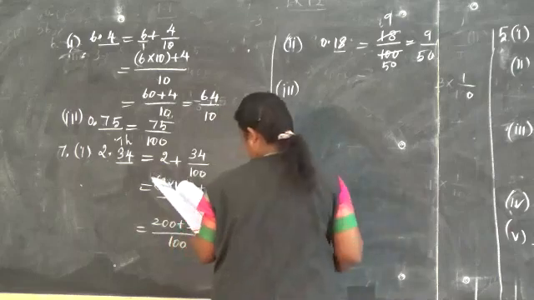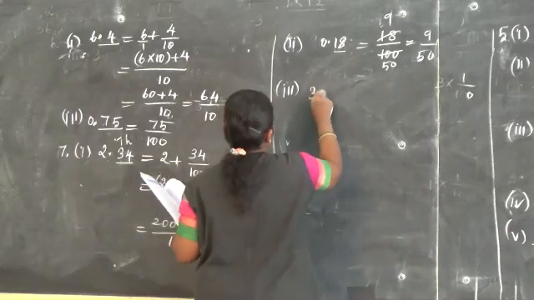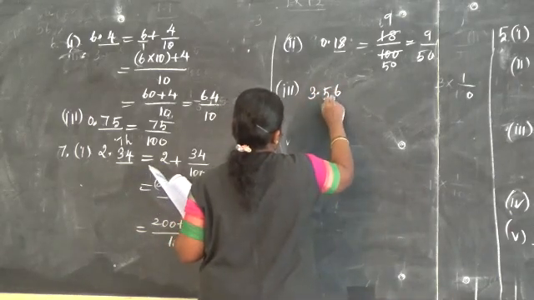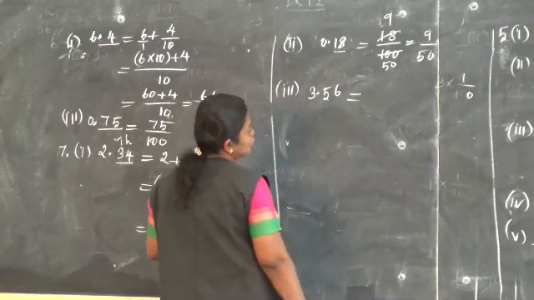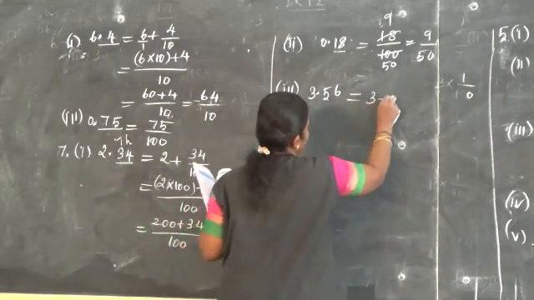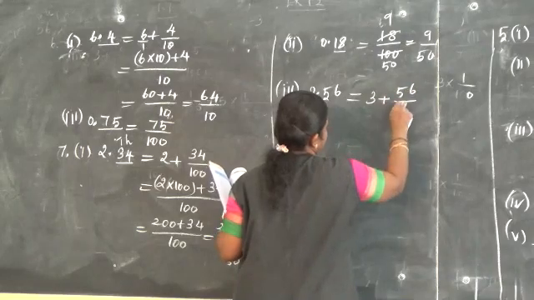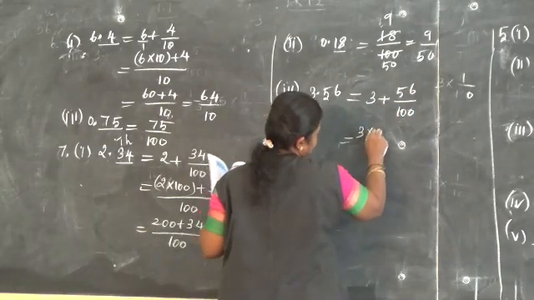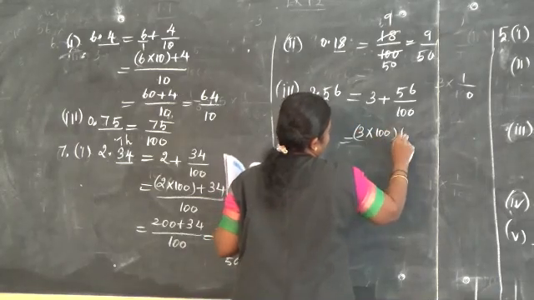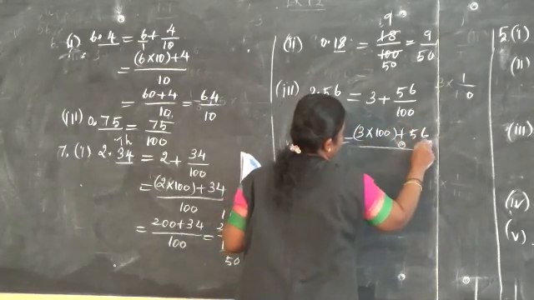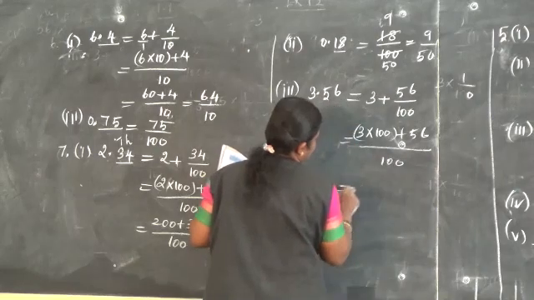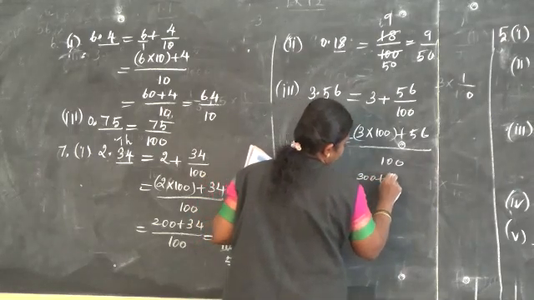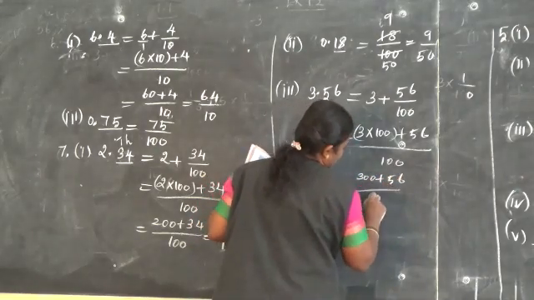Come to the third subdivision, 3.56. Here also 2 decimal places were there. So, 3 plus 56 by 100. Taking LCM, 3 into 100 plus 56 by 100. 3 into 100, 300 plus 56 by 100.